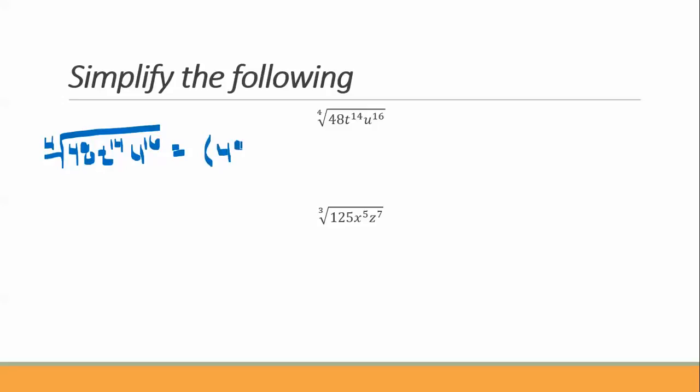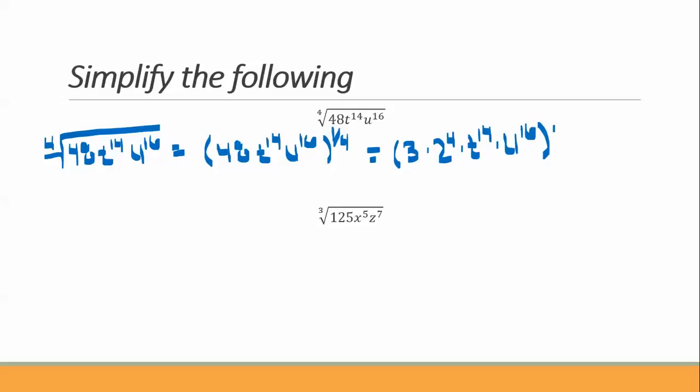That's 48 t to the 14th u to the 16th, all to the 1/4 power. I'm going to split up the 48 to be 3 times 2 to the 4th times t to the 14th times u to the 16th, to the 1/4 power.